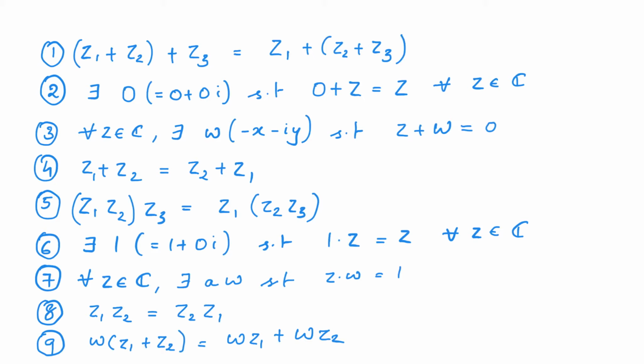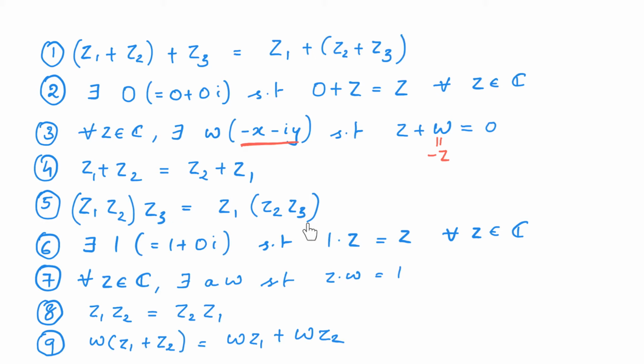This number is called the additive inverse of z, and sometimes it is denoted as minus z. In fact, we already know what this w is. If z is of the form x plus iy, then w is minus x minus iy. We also want our addition to be commutative. So these are the four properties of addition, and then we have similar properties for multiplication.